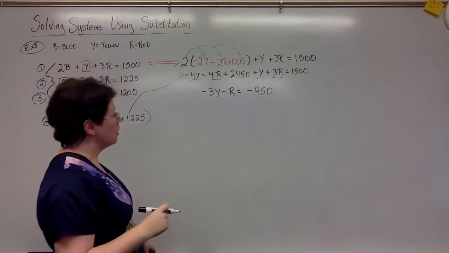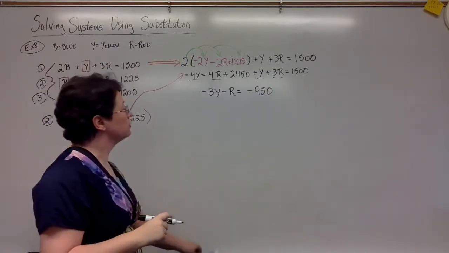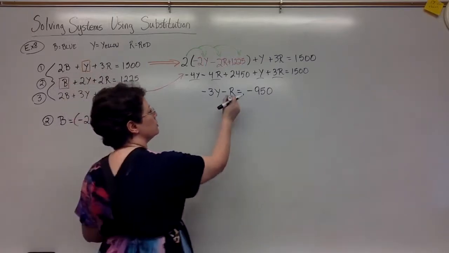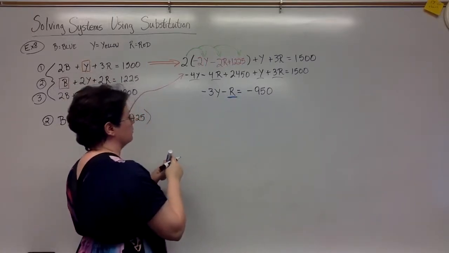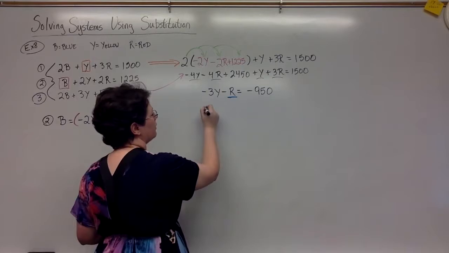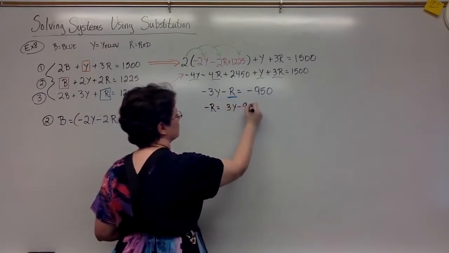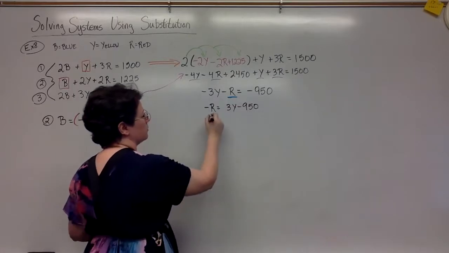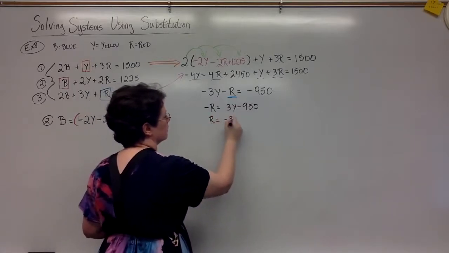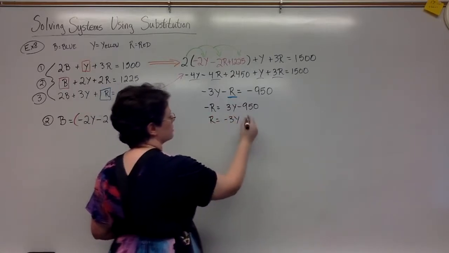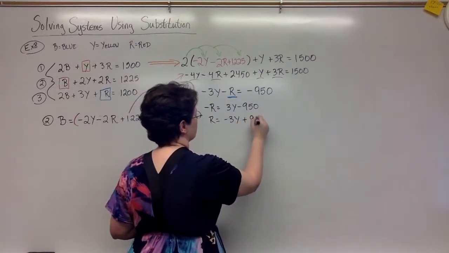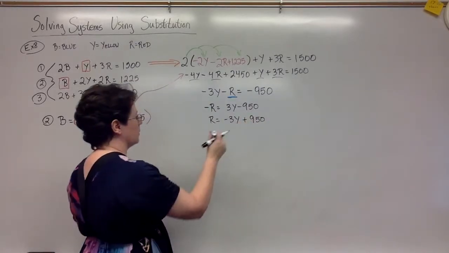Here's another equation where I could solve for r. Only this one only has 2 variables, okay? So let's go ahead and get that r by itself. So I would add the 3y to the other side, and then divide by negative 1. So I get r equals negative 3y plus 950. Okay?